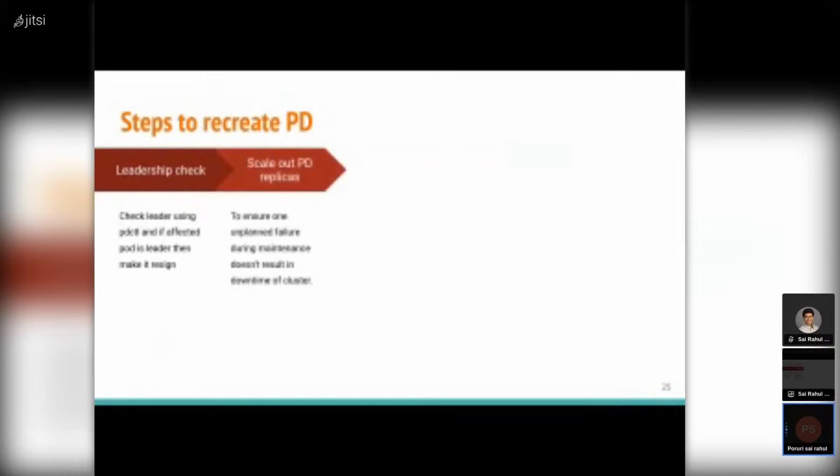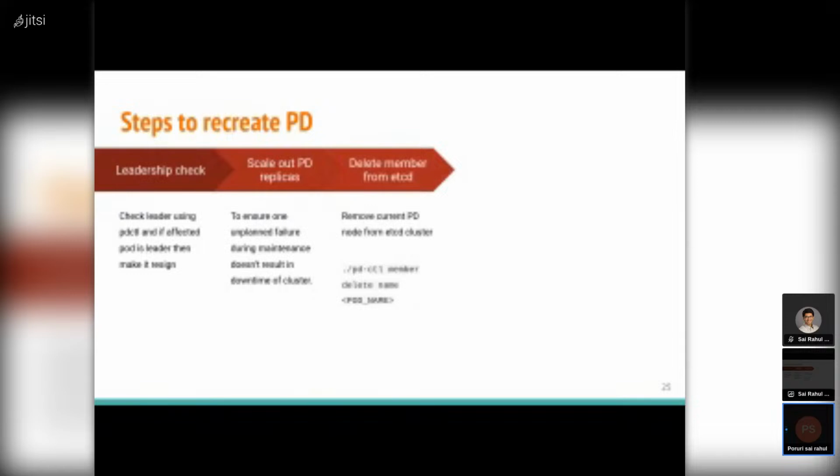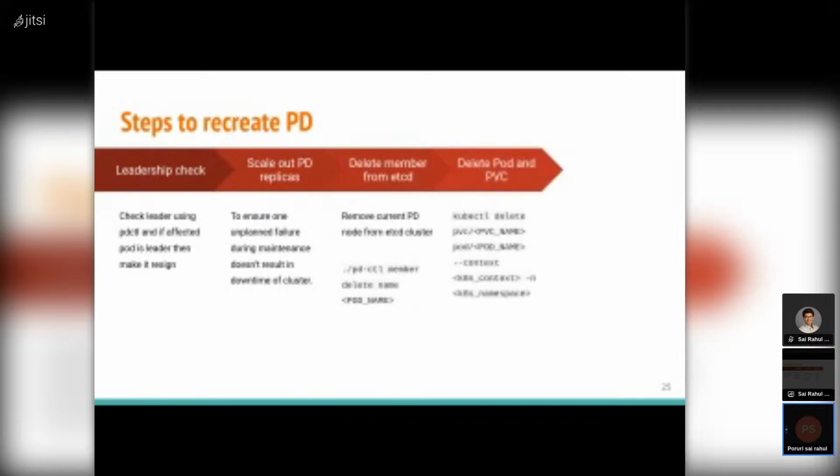Then you scale out the PD, obviously, because there are 3 replicas. Even if you make a mistake, there will be 2 pods down at a time. But if you have 5 pods, then you still have 3 pods alive, so you can continue your operations. Then you delete a member, because it uses etcd internally. Then you delete the pod and PVC so a new pod and PVC can come up, and then you verify that the new pod has joined the cluster.